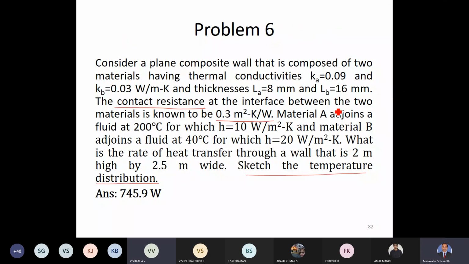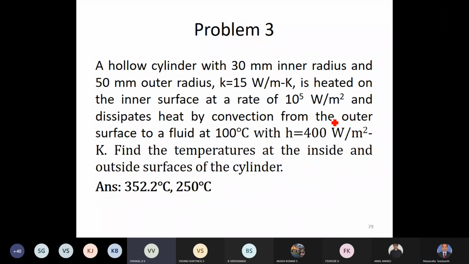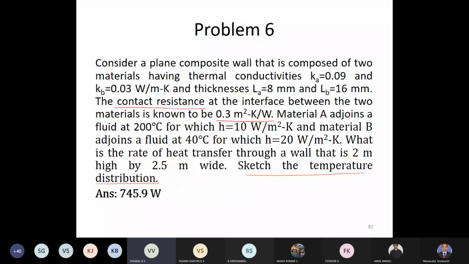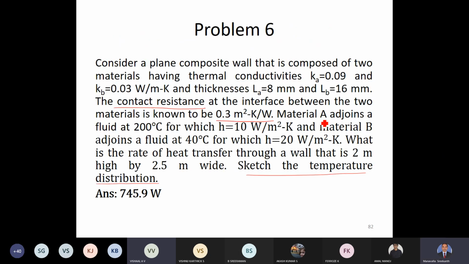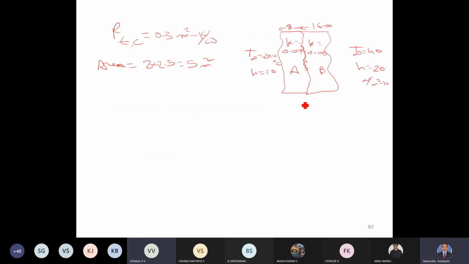What is the rate of heat transfer through a wall that is 2 meters high by 2.5 meters wide? So each of these sides has an area of 5 square meters. So we are asked to find what is the heat transfer.